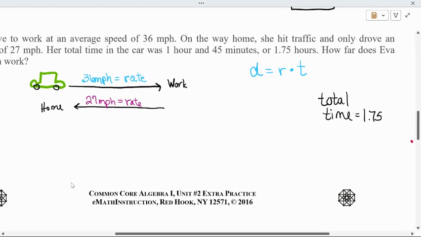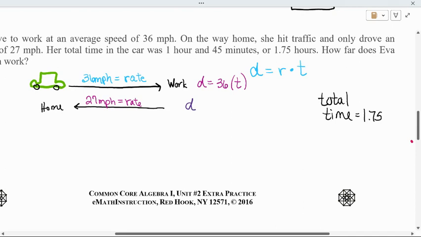So we have to write kind of an equation for each. So on her trip to work, her distance equals her rate, 36 miles per hour, times t. Some time. We don't know how long it is. We just know that she spent some time going to work. Okay? What's her formula or her equation for her drive home going to look like?